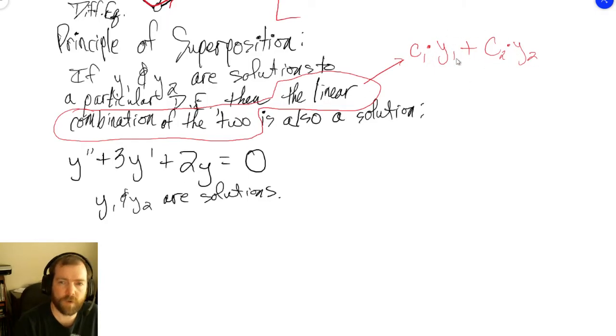So c1y1 plus c2y2 should also, if we plug it into this equation, yield solutions. How could we do that even without knowing what the solutions are? It doesn't actually matter. Let's call this whole thing y, and plug y into all these pieces.